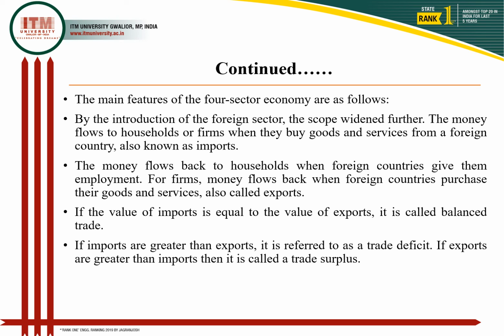For the firms, money flows back when foreign countries purchase goods and services, in the form of export. If the value of import is equal to the value of export, it is called a balanced trade.